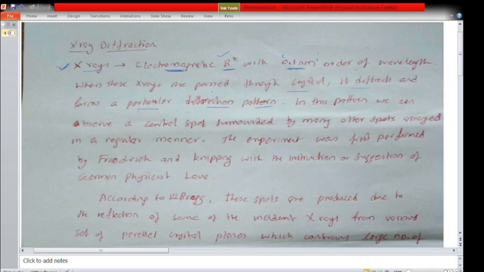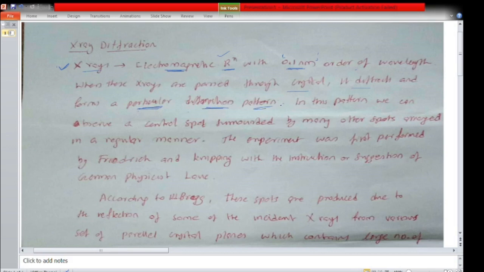Okay, so we are having X-rays. These are electromagnetic radiations with 0.1 nanometer order of wavelength. And when these electromagnetic radiations pass through a crystal, they will diffract, and that will form a certain pattern, which is nothing but the diffraction pattern.